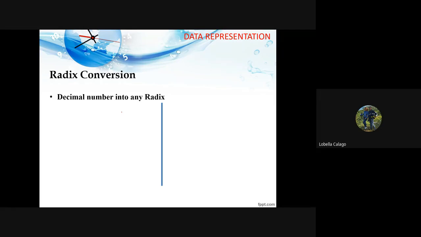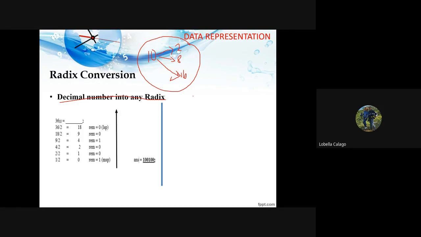So, the first category is decimal number into any radix. That means the first category is, given base 10, we will change it to base 2, base 8, and base 16. That is category 1. So, how do we do that?